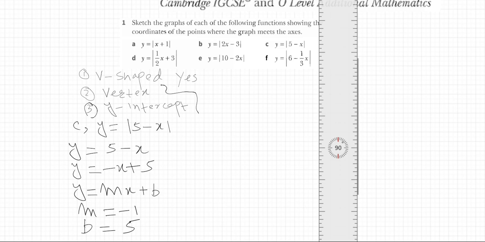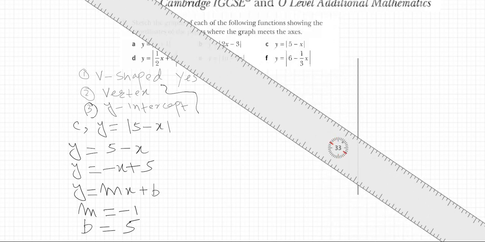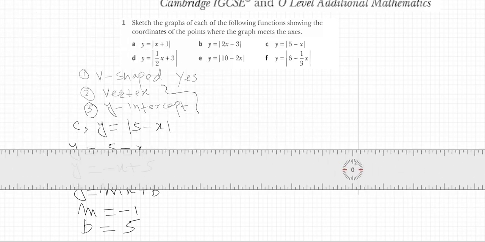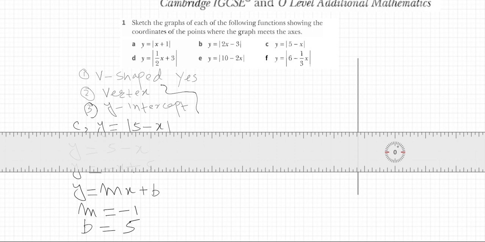This is our y-axis, and this is our x-axis.